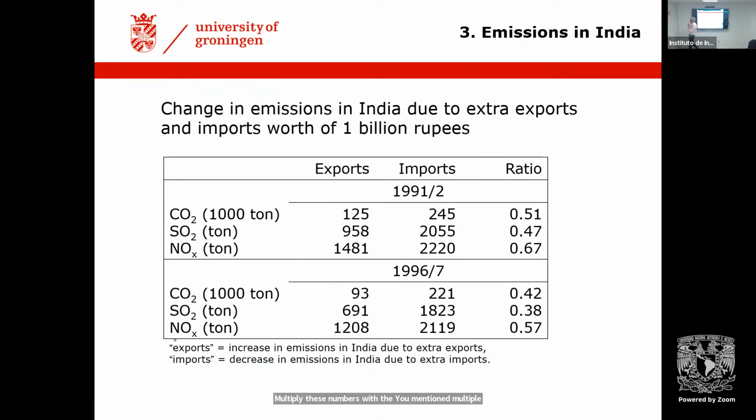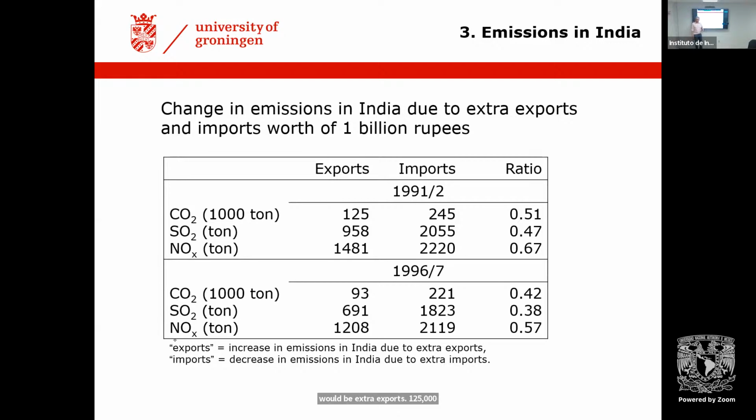Observe that India has a slightly different calendar than we have. So the administrative year stops in March or in April. So we do not know whether it's 1981 partly and partly 1982. That's what the data are for. Observe that the export bundle, 1 billion rupees extra exports, gives 125,000 extra tons of CO2.